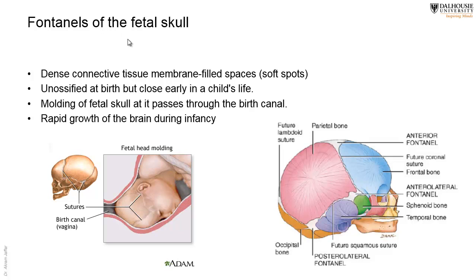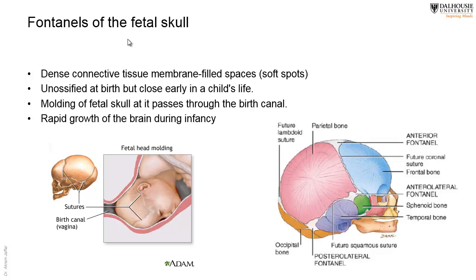In the newborn, not all the bones of the skull are completely ossified. There are spaces in between them. The sutures are wide, and these spaces are filled by fibrous tissue, not by cartilage, because it's not an intracartilaginous ossification.